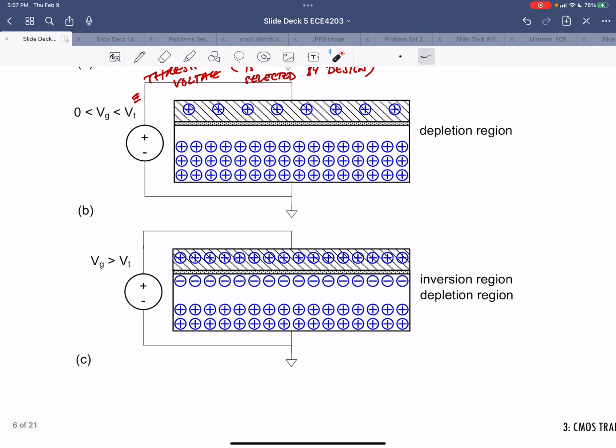Now, once you get past a certain voltage, meaning past the point where this region gets large enough, because as you increase this voltage higher and higher, you are making this region that's empty of positive charge carriers larger and larger.